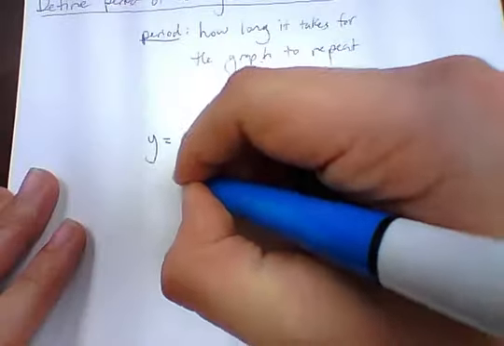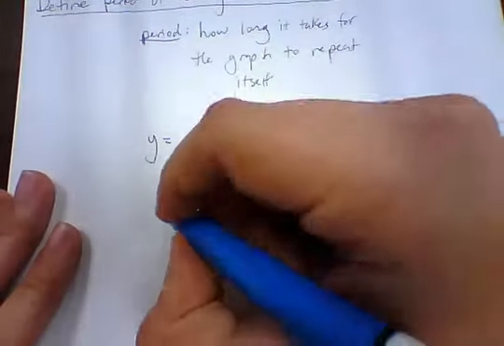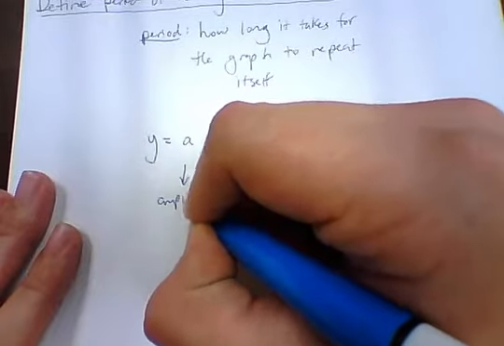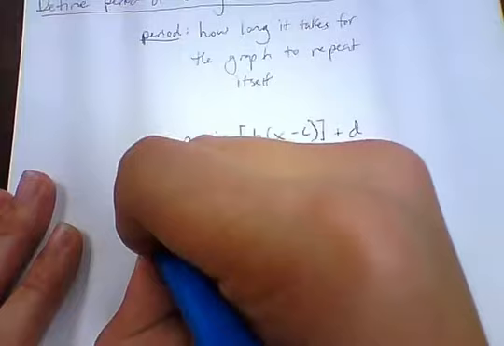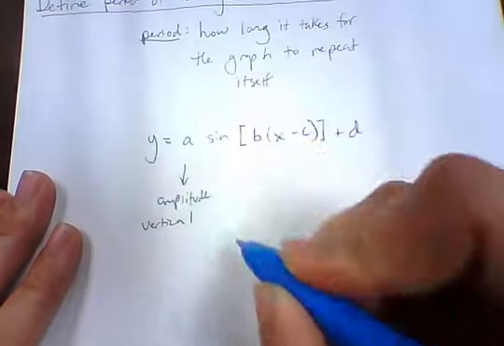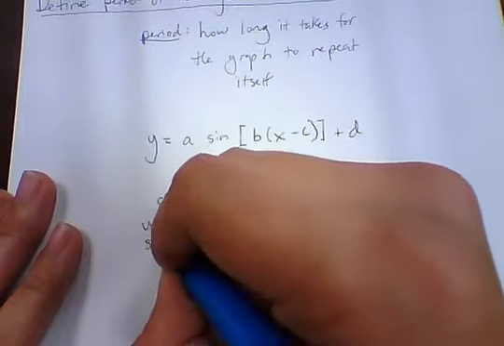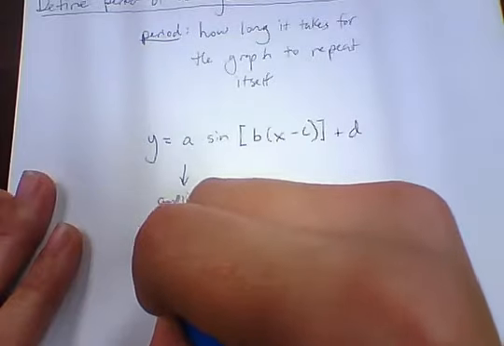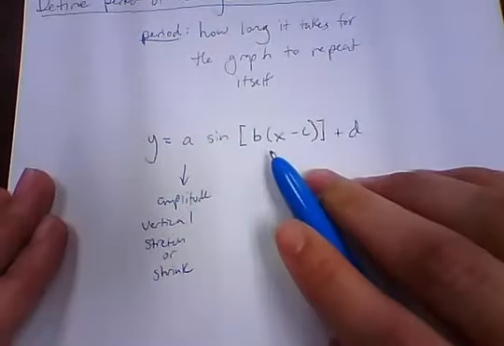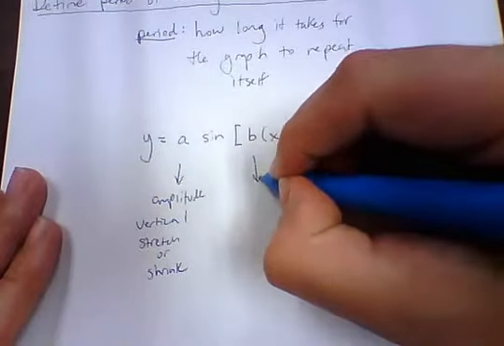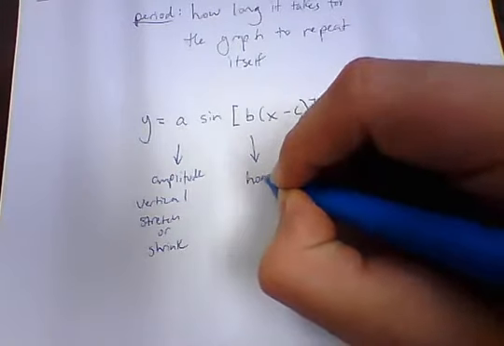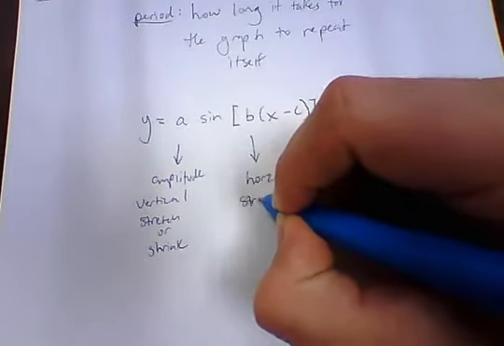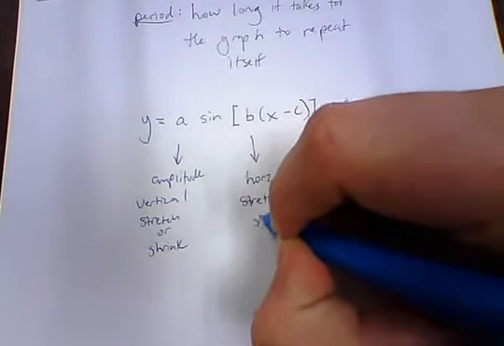Where a, that is your amplitude. Also, your vertical stretch or shrink. And b was called your period, but I don't really want you guys to think of it like that just yet. It does have to do with your horizontal stretch and shrink.